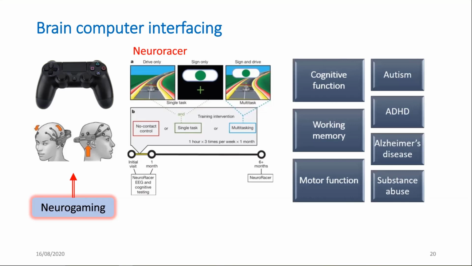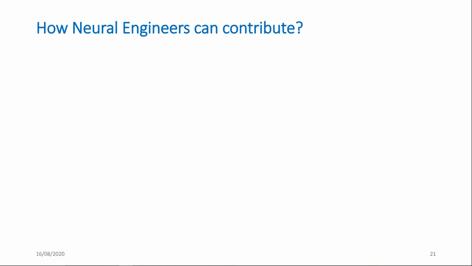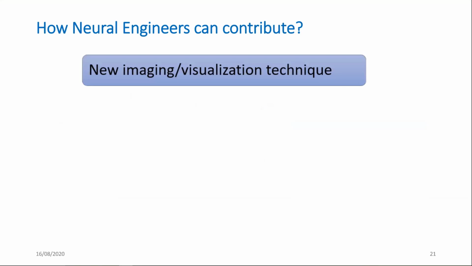Yeah, and I think there is a significant amount of work going on to improve the quality of life through neural engineering, through neuroscience as a whole. Now here's a summary of how neural engineers, engineers working in neuroscience, are contributing.